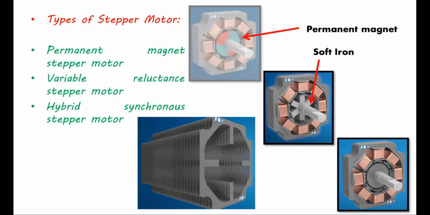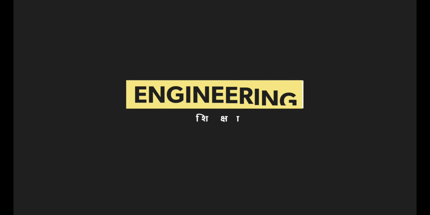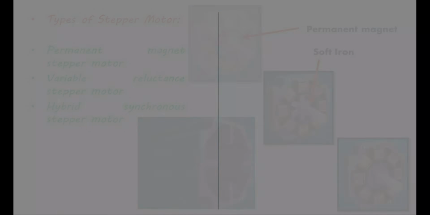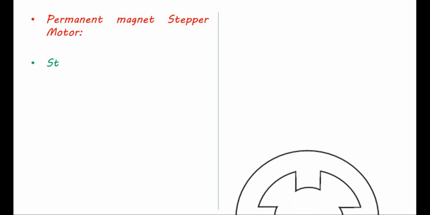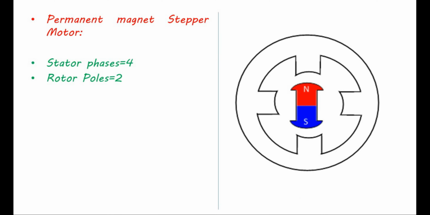Let's understand how the permanent magnet stepper motor converts electrical pulses to angular rotation. Let's take an example where the stator has 4 poles and the rotor has 2 permanent magnet poles.